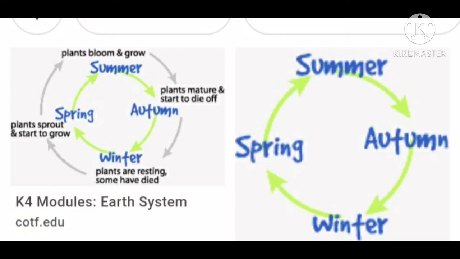Let's take information about the cycle of seasons and the living world. If the earth's axis were not tilted, the seasons would not have occurred. It is the tilt of the axis that leads to occurrence of seasons, change and diversity on the earth. The cycle of seasons leads to biodiversity on the earth.